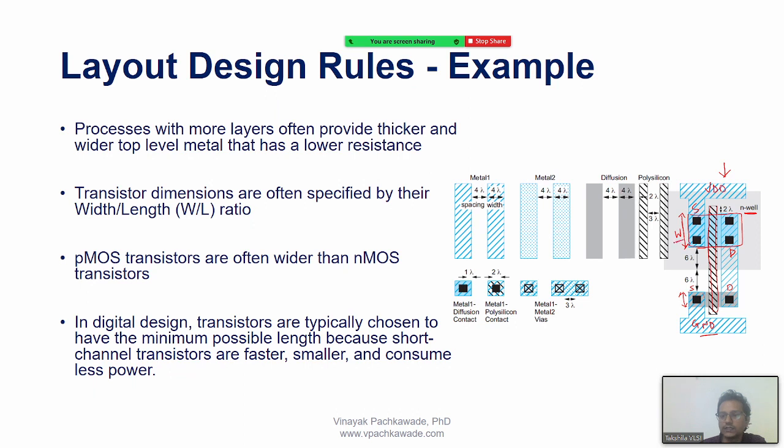The reason the PMOS dimension is shown as twice that of the NMOS is that NMOS has electrons as the charge carriers and PMOS has holes as the charge carriers, and the mobility of electrons is greater than the mobility of holes.